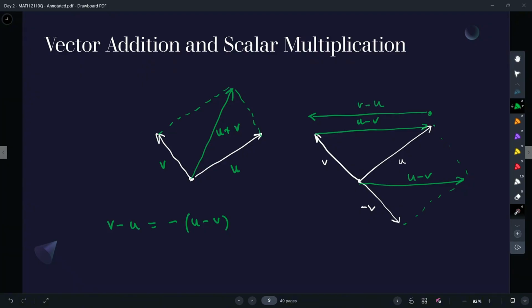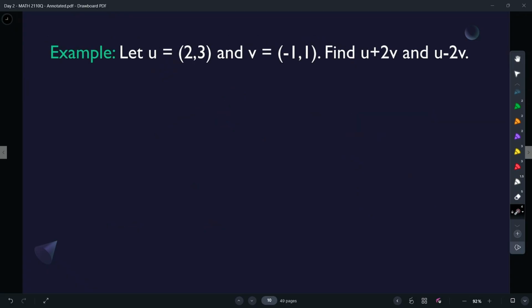So let me put this one here. This is u minus v. In the other direction is v minus u. I always forget in what direction I have to go if I do that parallelogram law. So that's why I always try to remember it in this way and not try to figure out in what direction I should go, from here to here, from here to here. Okay? All right.